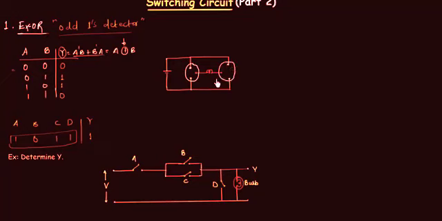To implement XOR gate, we will use bi-directional switches. These two switches that we are using are bi-directional switches. This is A, this one is B, this is 0, this is 1.